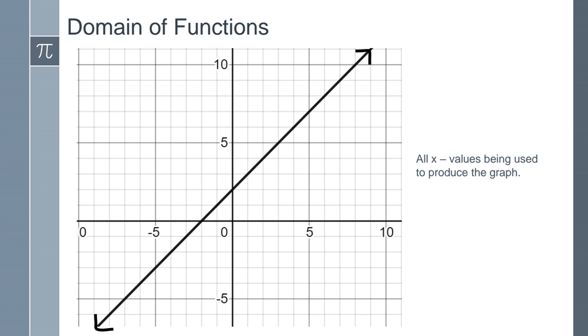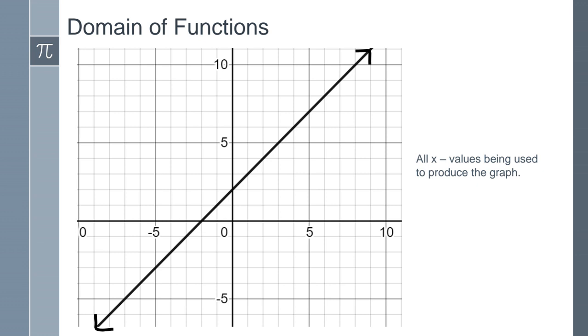Whenever you hear the word domain, you want to think about what are all the x values that are being used to make this graph, for example. So if I was to pick any x on this x-axis, is it being used to make this graph?